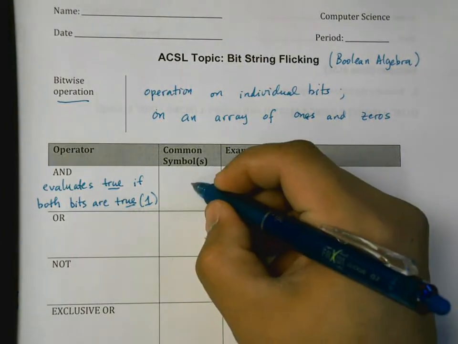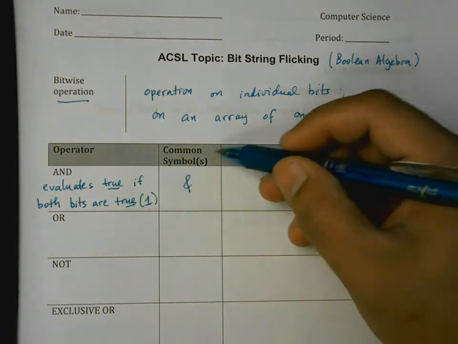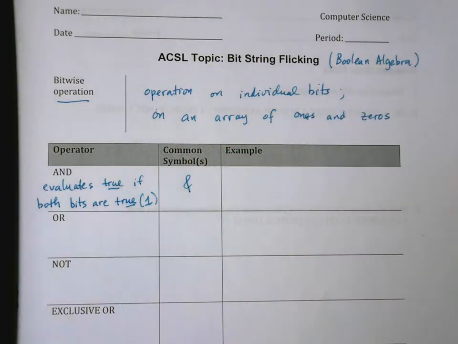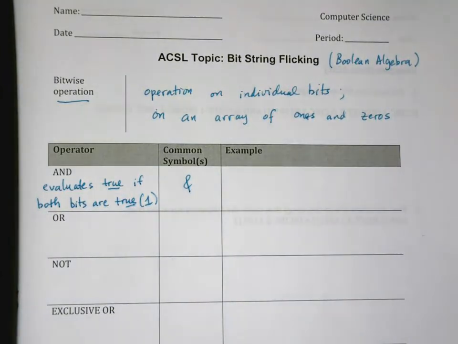The common symbol for this is the singular ampersand. I know many of you are programmers, and you may have seen in Java or C++ or Python the double AND, but that means something a little bit different than the single AND. So let's look at a quick example of the AND operator.